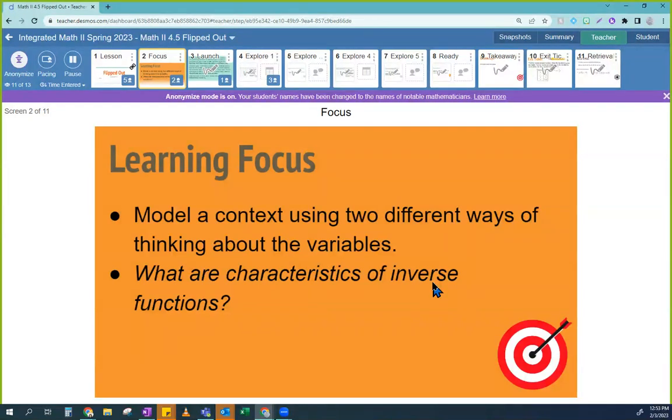So when we say inverse functions, we're just going to be undoing stuff. If you think about the concept of math, math always does that. First they taught you how to add, and then they taught you how to subtract. Then they taught you how to multiply going forwards, and then how to go backwards using division. Then squaring and then square rooting. And earlier than that, they taught you order of operations.